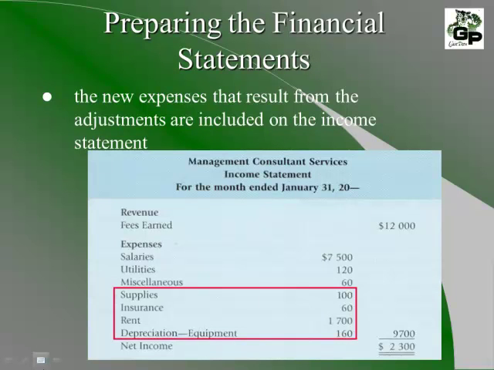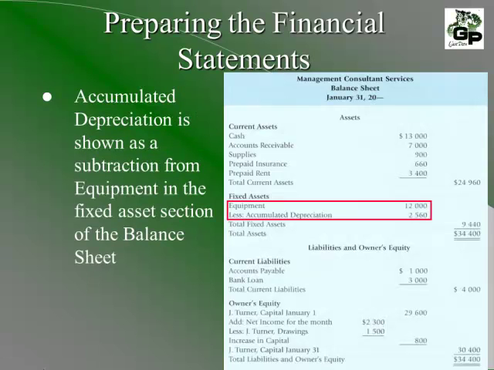All right, now that we've got the worksheet done, we have to prepare the financial statements. The new expenses that came from the adjustments must be included in the income statement. Notice that we have these new values for supplies, insurance, rent, and depreciation on equipment, and these must be reflected in the income statement. The accumulated depreciation is shown in the assets section as a subtraction from equipment under fixed assets of the balance sheet.